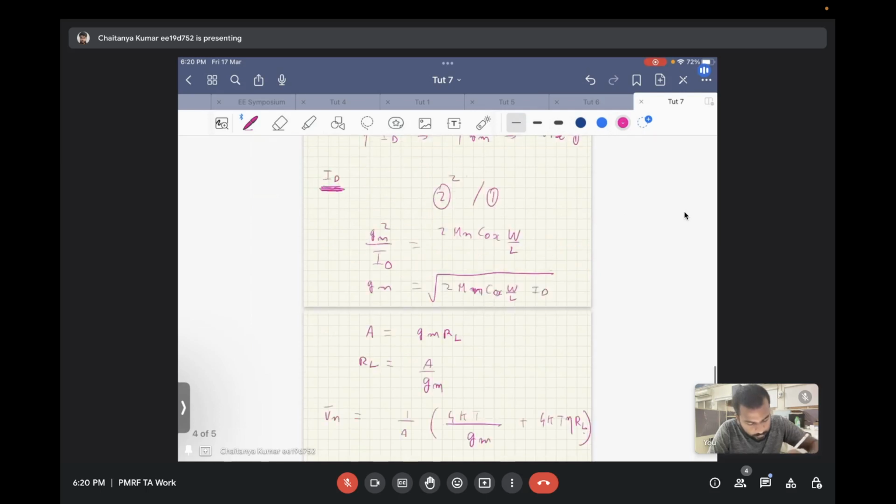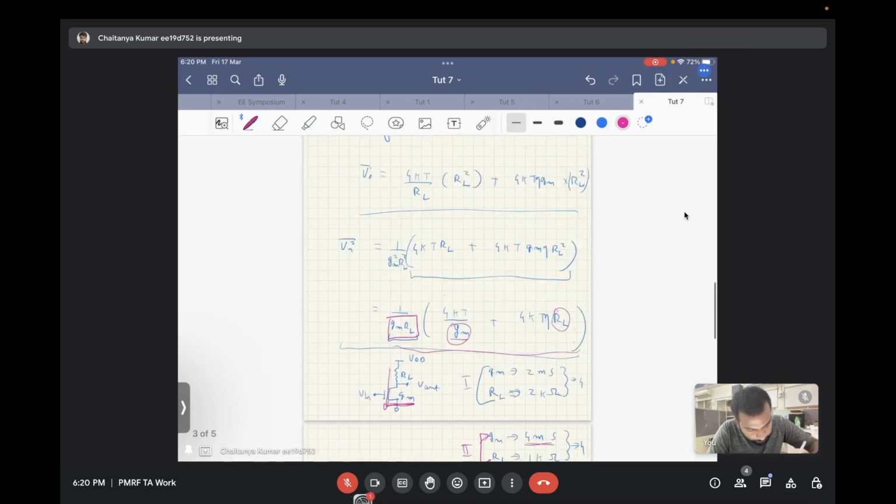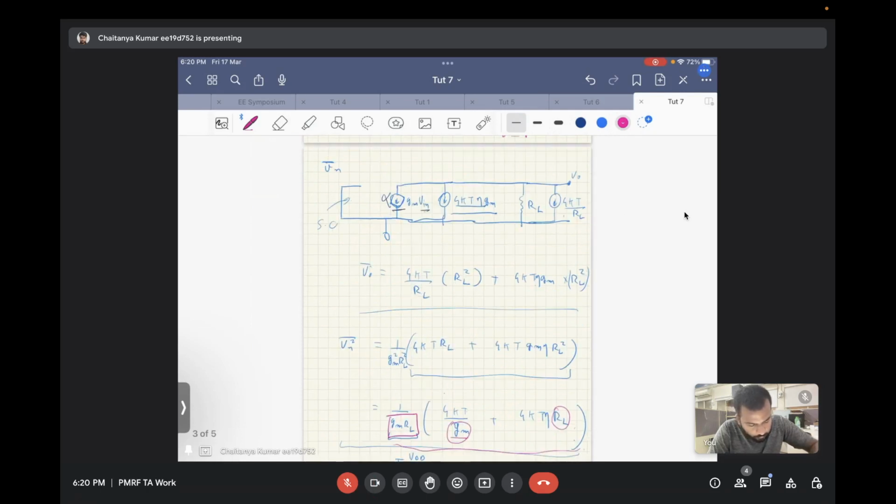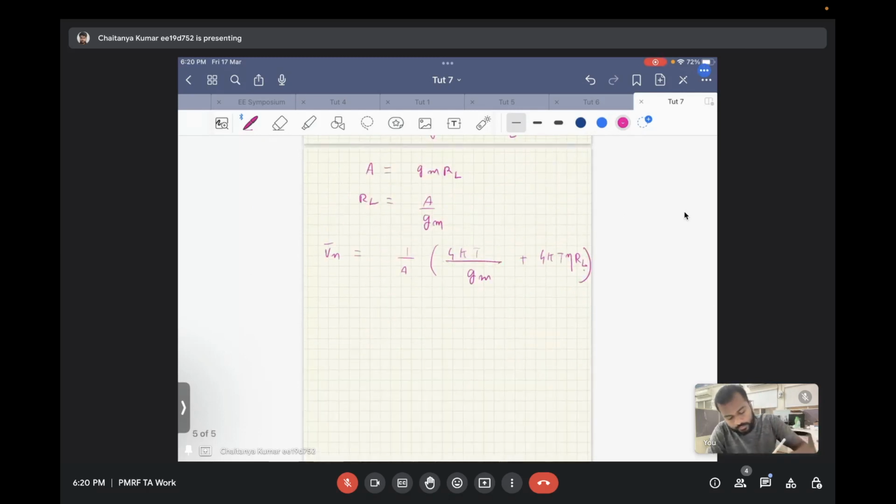Eta times RL. So this was it, right? 4 kT by RL, and 4 kT by RL multiplied by RL square. Correct. So this is the noise we had, and we can substitute the value of RL in this equation. So we get 1 by A into 4 kT by GM plus 4 kT eta into A by GM.